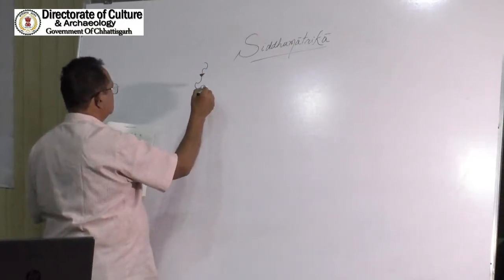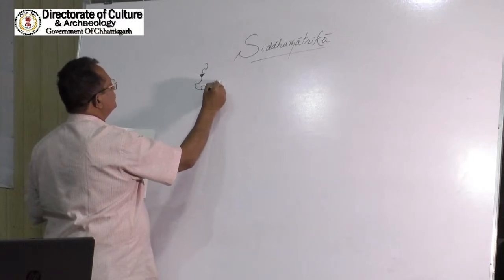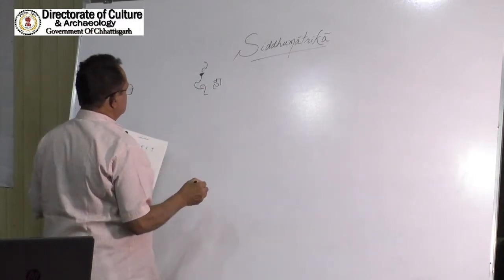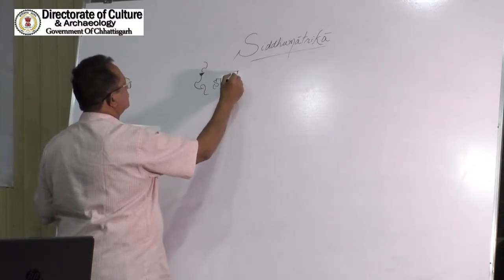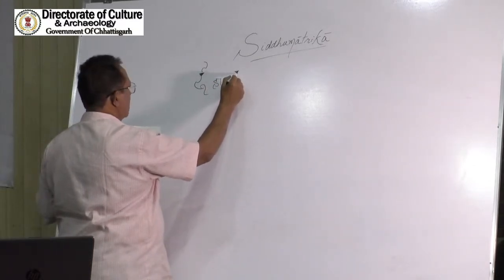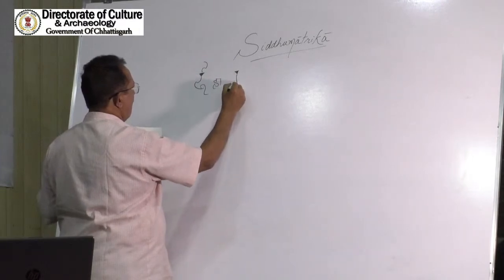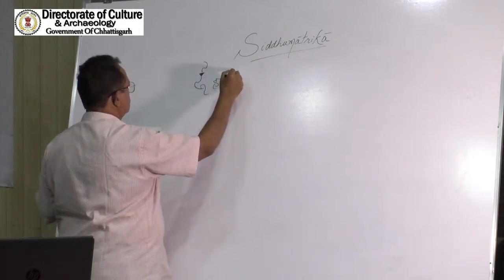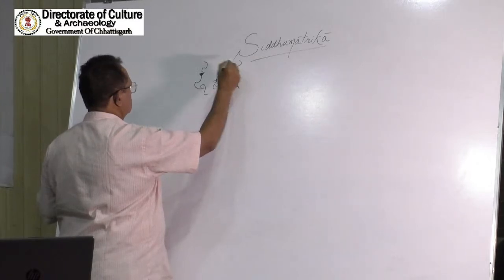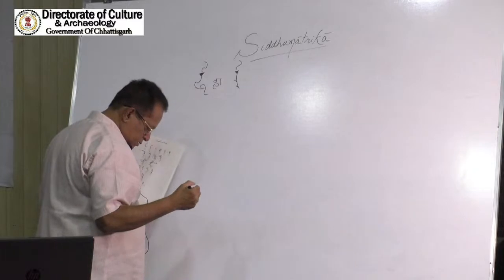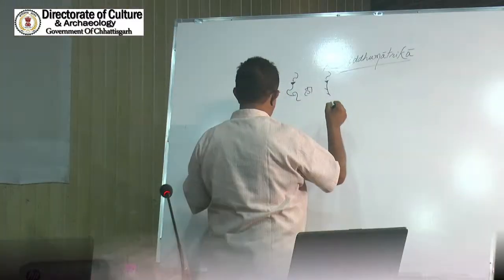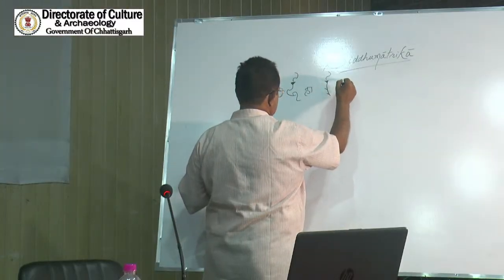This is ha. Ra. The same. The stroke goes upper with a curve, but there are differences like this.